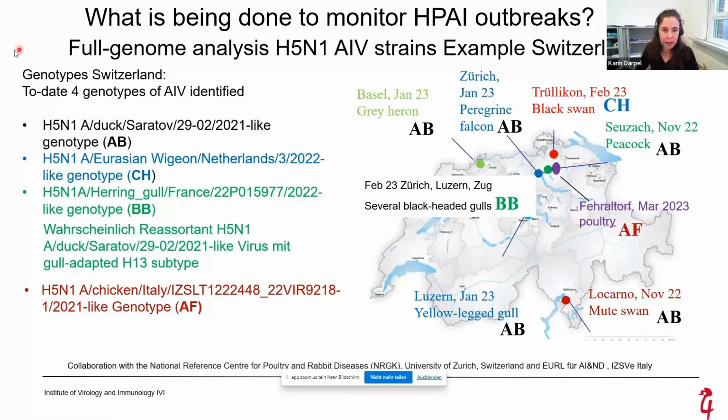To classify the genotypes of avian influenza virus, all segments have to be compared. And for the Swiss cases, we were able to identify that 4 different genotypes are currently present. And they are very similar to the ones circulating in European neighboring countries.